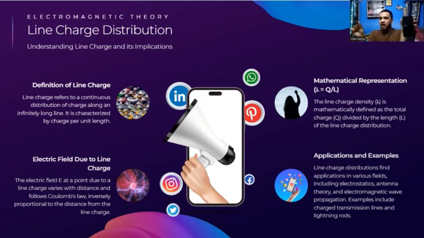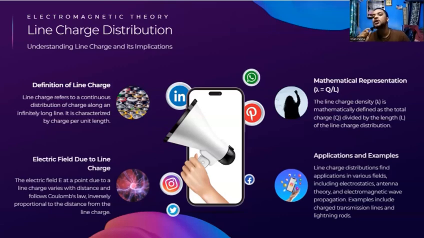There's a line charge in between them, and through this the communication is taking place. It is characterized by charge per unit length, for example per unit centimeter or per unit meter, based upon the distance.